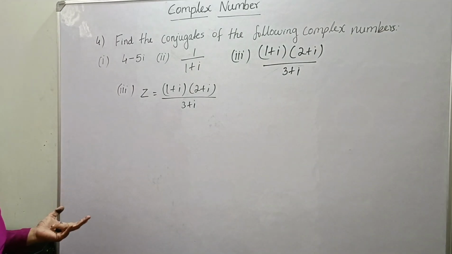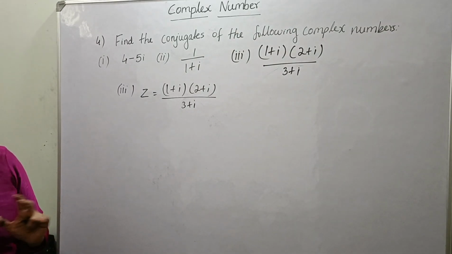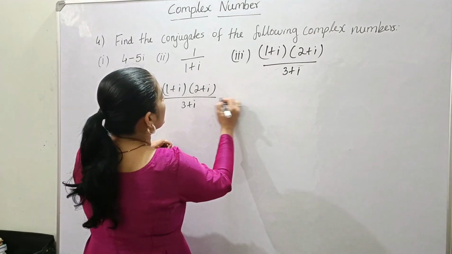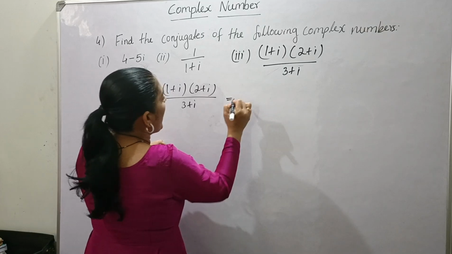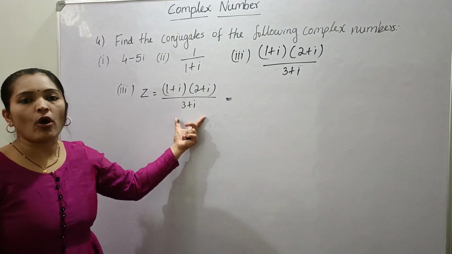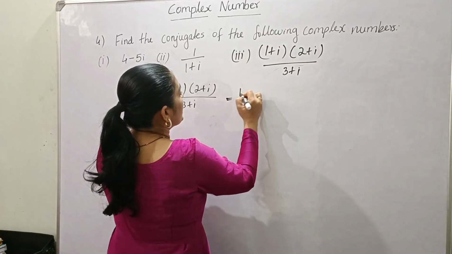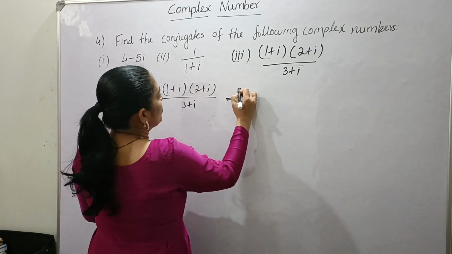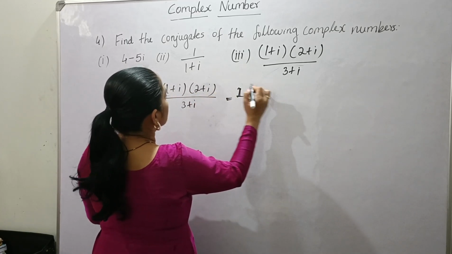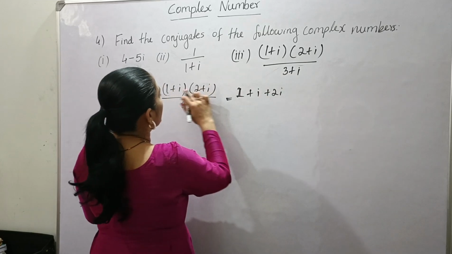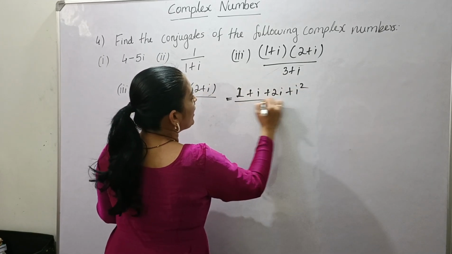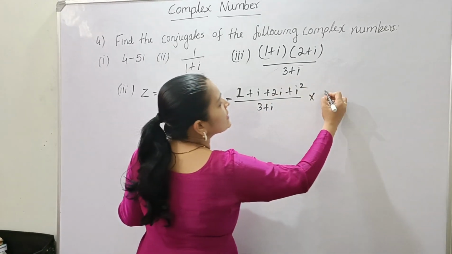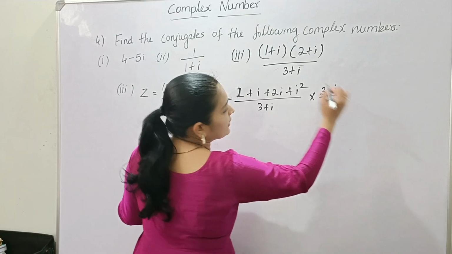See, here also the given complex number is not in standard form a plus ib. So first of all, let us make it in the form of a plus ib. So how? By multiplying and dividing by the conjugate of the denominator. That is 1 plus i, let us expand this one. 1 into 2, 2. 1 into i plus 2i plus i square divided by 3 plus i into the conjugate of the denominator, that is 3 minus i divided by 3 minus i.